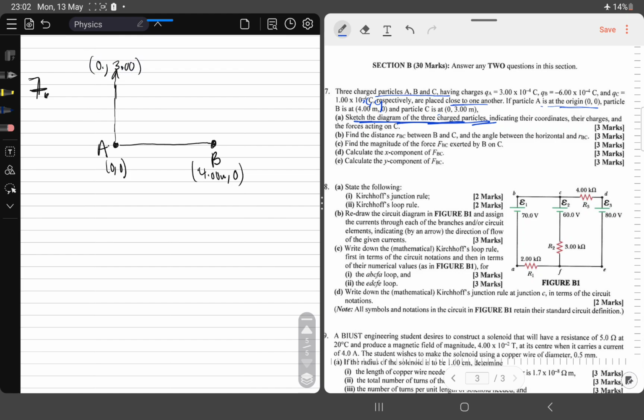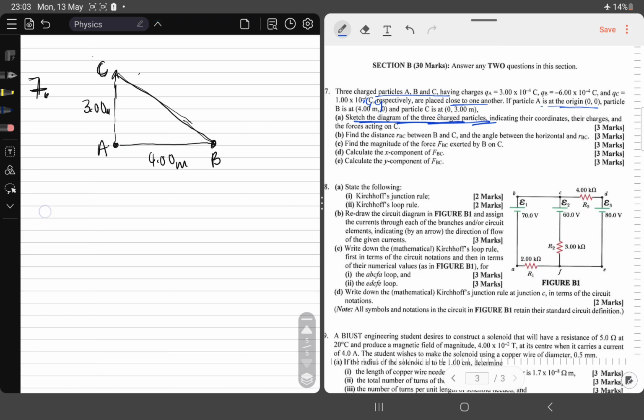So if I put the distance between A and B, it's going to be 4.00, because I need to sketch the diagram. I can remove these coordinates, but this is 3.00 meters, here it's 4.00 meters, and here is my particle C. I can tell you right now this is a 3, 4, 5 triangle.